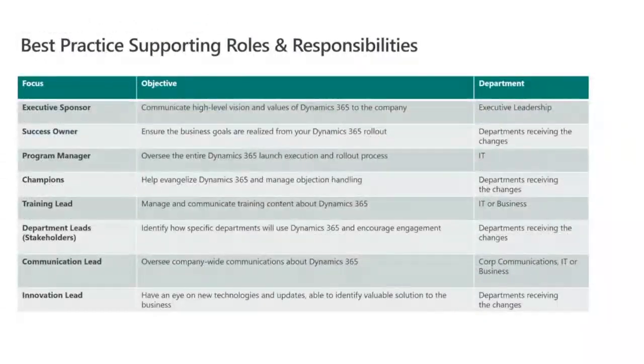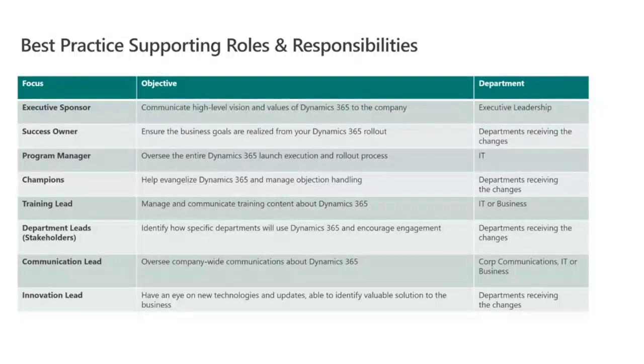Here is an example of a set of best practices supporting roles as you look at user adoption. You'll notice here that we have the 4 key user groups, but we also included training lead, communication leads, and department leads as they play a key role into user adoption.